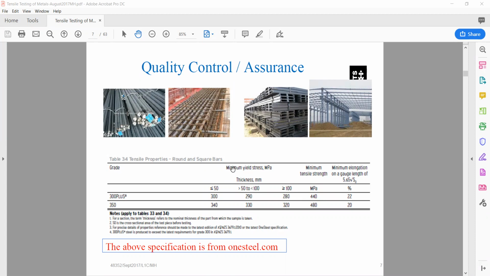What they are saying is their steel has a grade, a minimum yield strength stress of this value, a strength of this value, and elongation of this value. So when they claim that their steel fulfills this requirement, they have to make sure that they do testing at certain times from each batch of the production, and that the result is also similar to that.